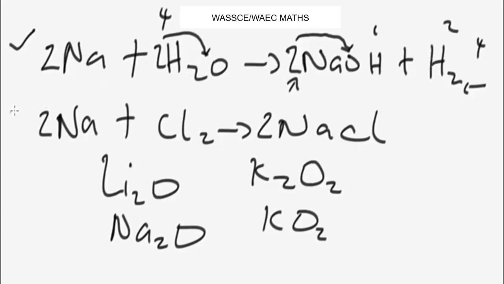Secondly, when they react with chlorine gas vigorously when heated, they will form common salts. And then their reaction with oxygen forms an oxide of metal, a metallic oxide. So this is basically what you have to know about the reactivity of group 1 elements.